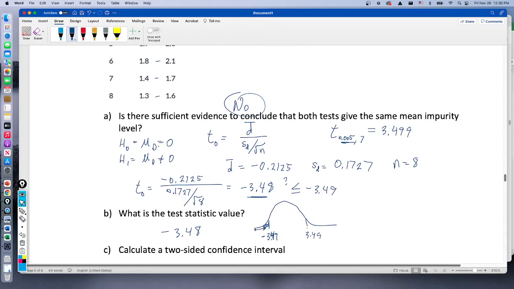The rejection regions are out here. We're really close to it, but we're on this side of the wall. We're in the non-rejection region, in the confidence interval. So negative 3.48 is right there.